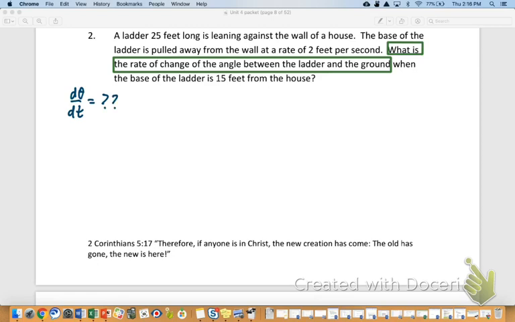And kind of like when we did the ladder question before, I think to me this begs a picture, doesn't it? So I've got a wall, and I've got the ground, and I always make my ladder red for some reason. What's the main one thing that's constant in this situation?